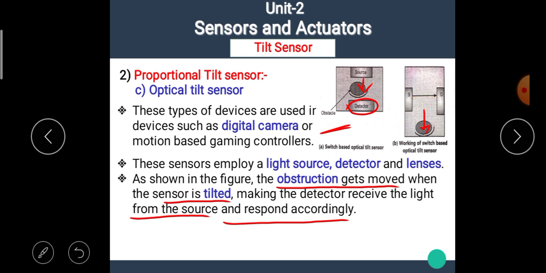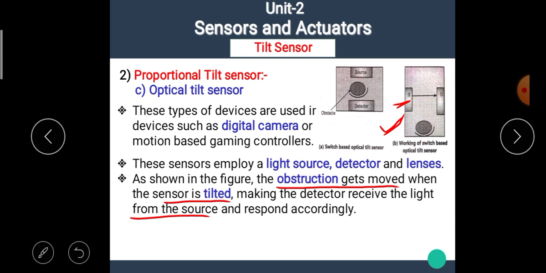That means depending upon the tilt position, the amount of light emitted by the source is detected by the detector. When the total amount of light is detected, it means there is no obstacle between them. When only a small amount of light is detected, it means there is an obstacle.